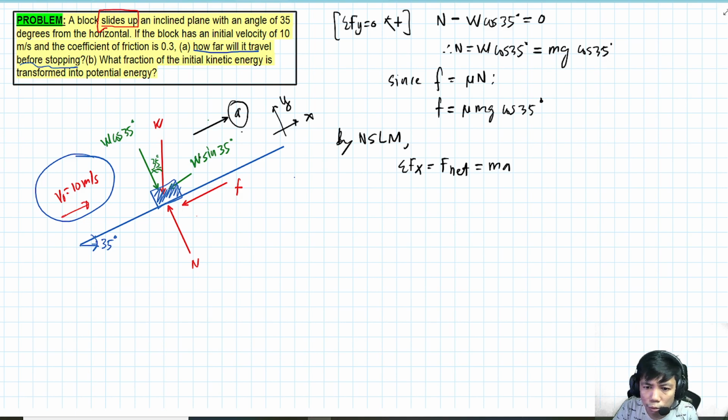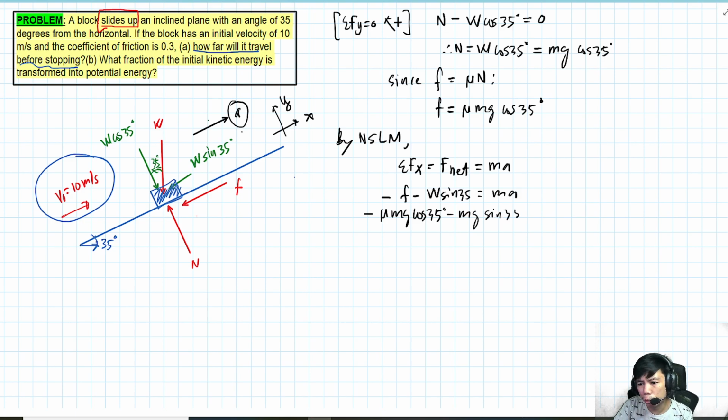So, unahin ko yung F na. So, minus F minus yung W sine of 35 degrees equal to mass acceleration. Now, what is F? So, meron tayong nasa taas na yung mu mg cosine of 35 degrees minus, again, yung weight natin is mg sine 35 degrees equal to mass acceleration.